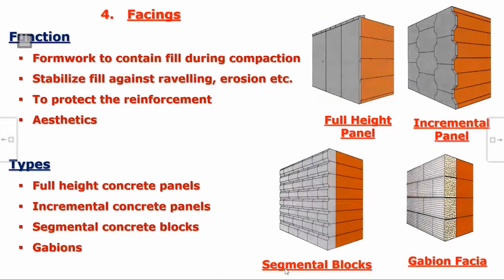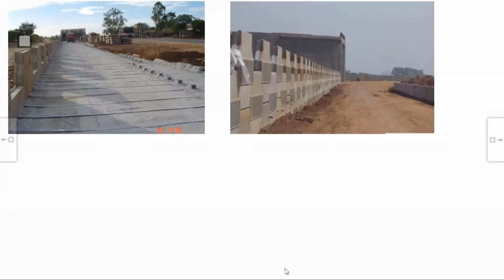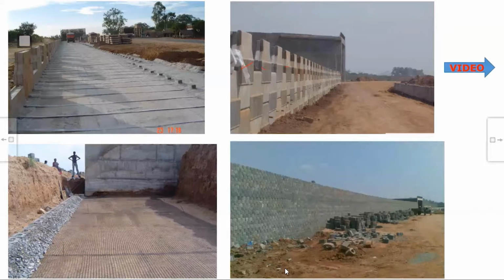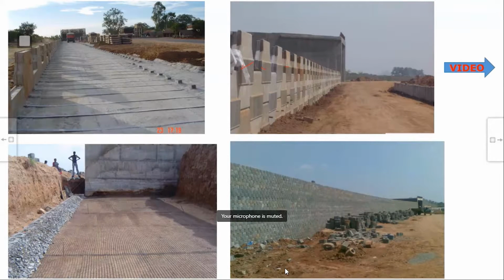Now here, as we have seen, incremental panel. In the first phase you can see these are incremental panels, and this construction is being done using incremental panels. Whereas in the second construction, they are these modular small blocks, and construction is done using them.